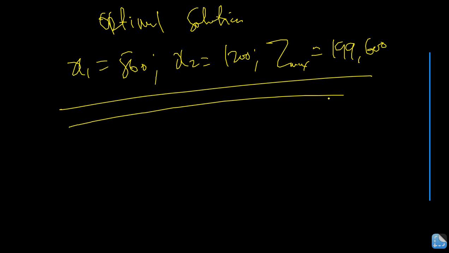It means that for our company to be able to maximize profit for the PCs which they must produce, they need to produce all the 1,200 XPs, and they must only produce 560 X1s or basic computers to get an optimal profit of 199,600.